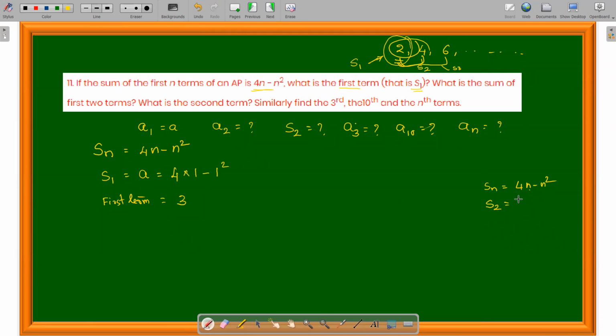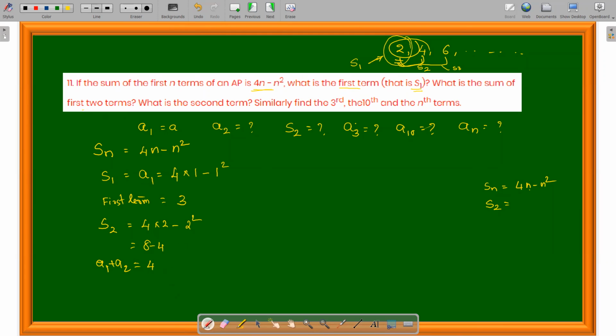So instead of n, if we substitute 2, you will get the sum of the first two terms. 4 into 2 minus 2 square. So that becomes 8 minus 4, which is equal to 4 here. This is nothing but a1 plus a2, correct? A1 plus a2 is 4.